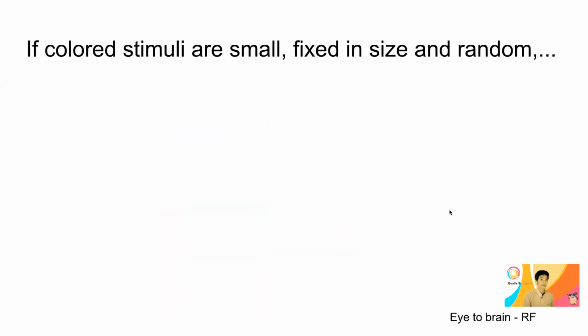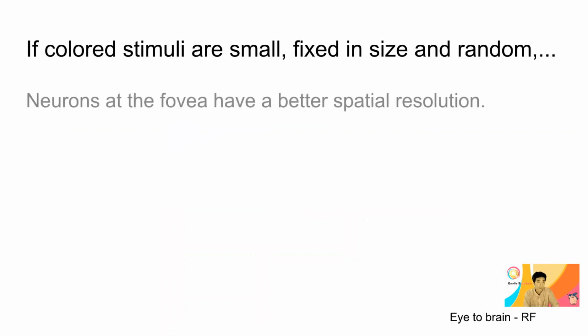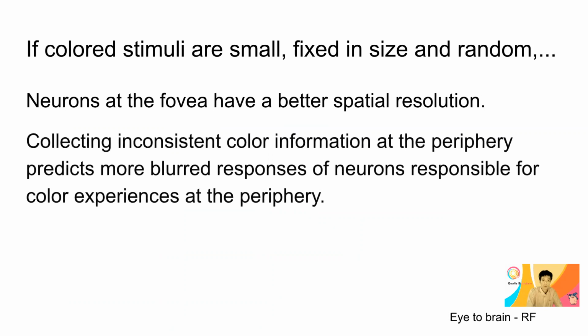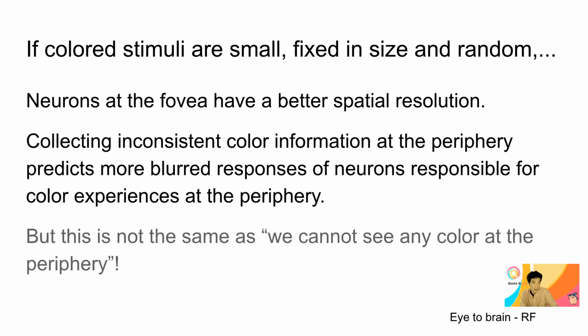So to sum up, if colored stimuli are small, fixed in size, and random, then neurons at the fovea have a better spatial resolution, and that still gives us the color sensation at the fovea. But collecting inconsistent color information at the periphery predicts more blurred responses of the neurons responsible for color experience at the periphery.